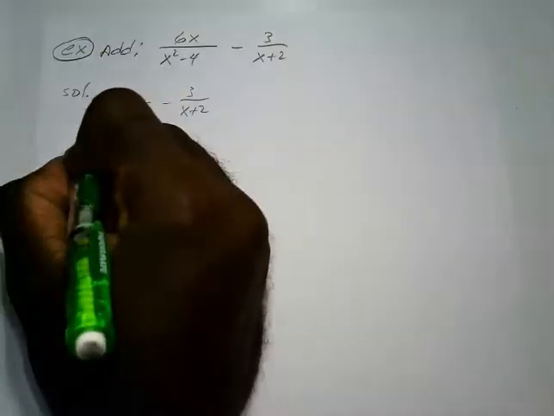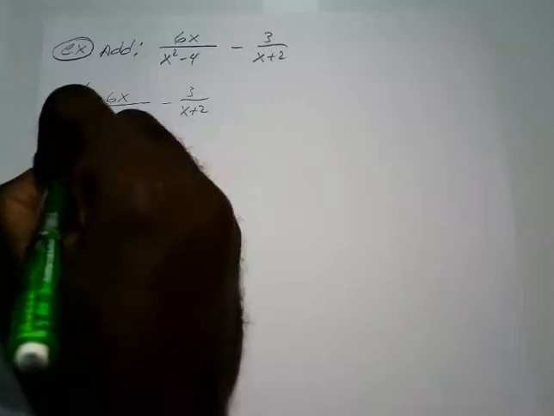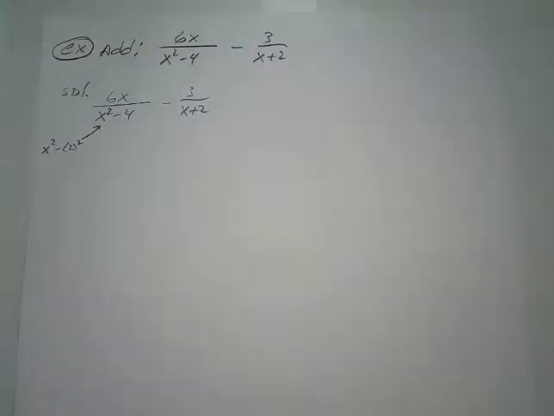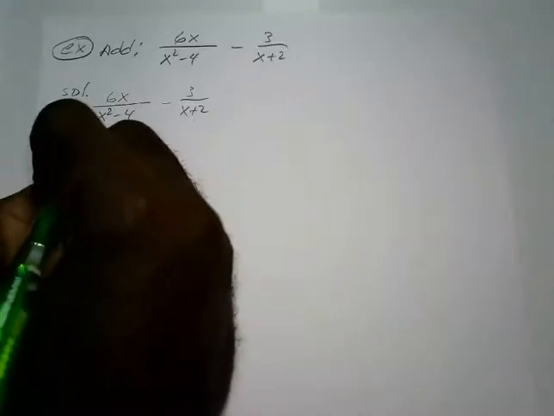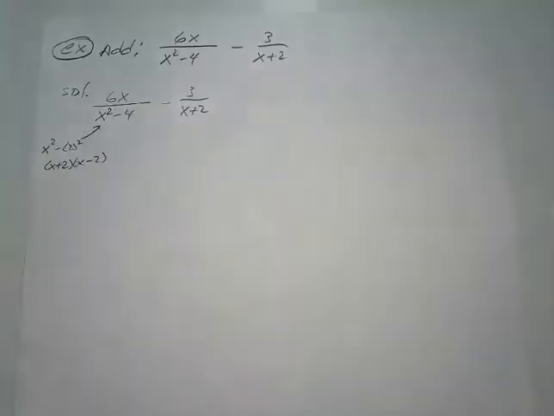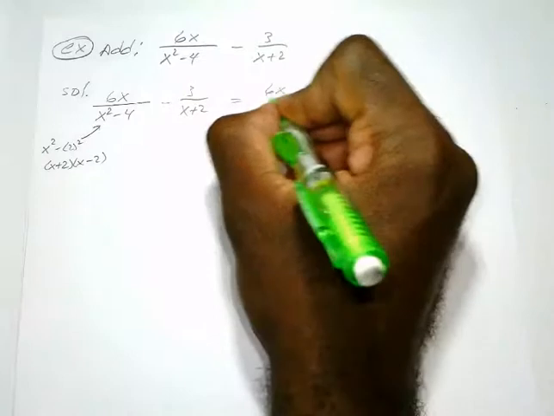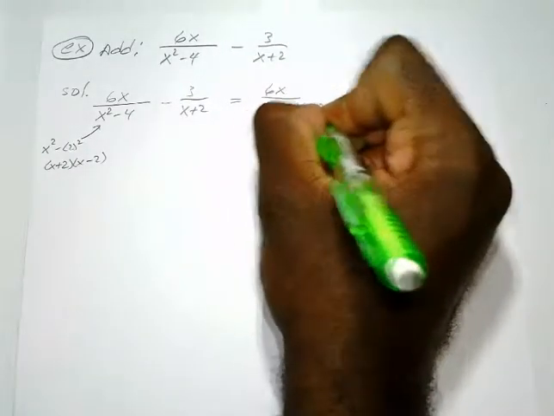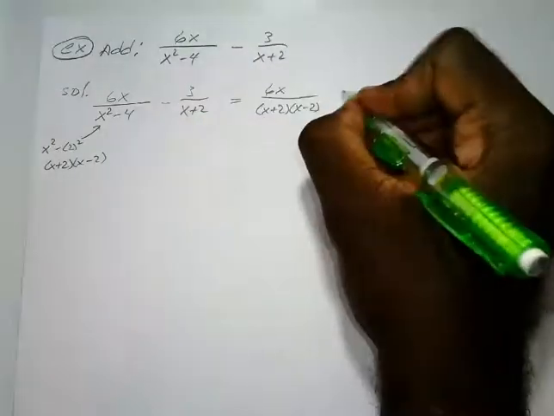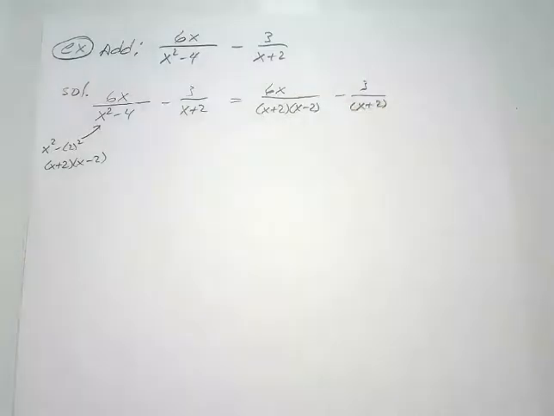But this x squared minus 4, remember, that's just x squared minus 2 squared, because it's a difference of squares. So that's just x plus 2 times x minus 2. So this will give us 6x over x plus 2 times x minus 2 minus 3 over x plus 2.